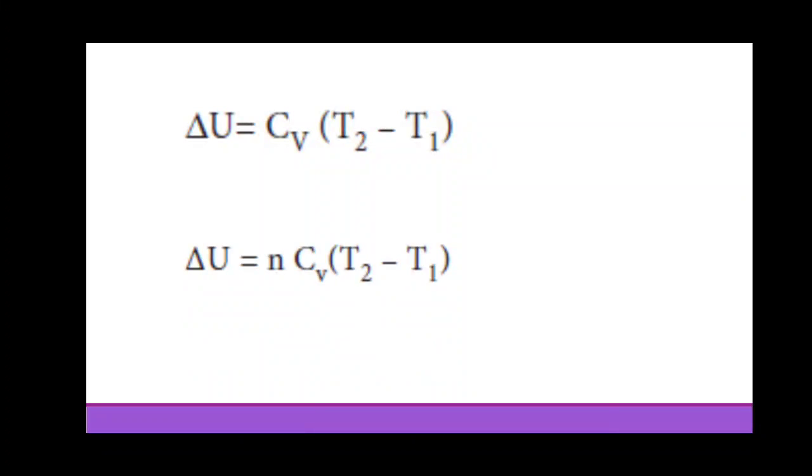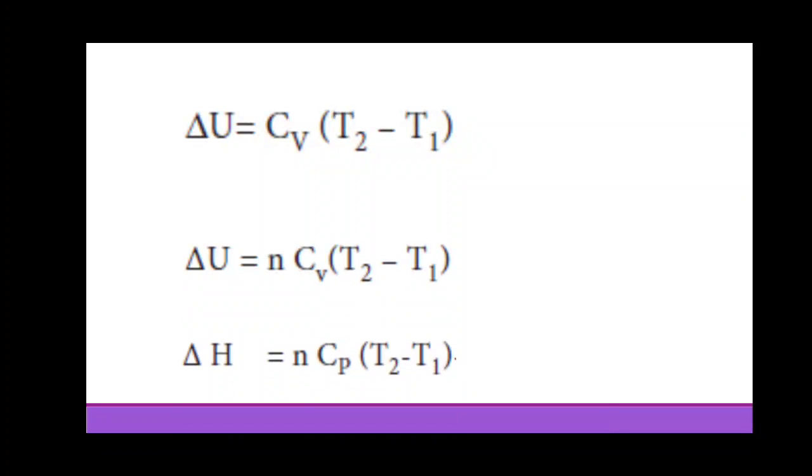Now, for n moles of an ideal gas, just substitute n, the number of moles, with the molar heat capacity at constant volume. So ΔU equal to n Cv (T2 minus T1). Similarly, ΔH also we can write.